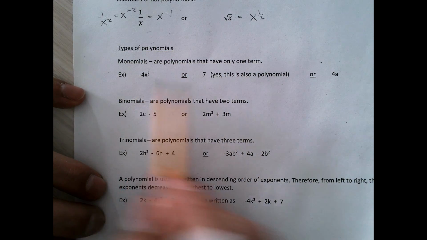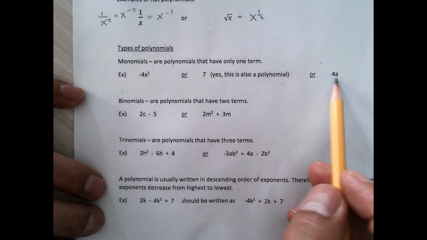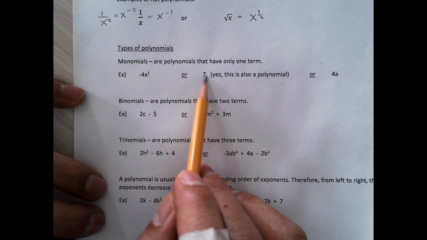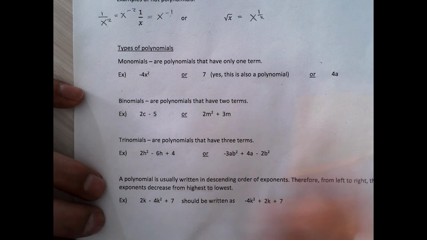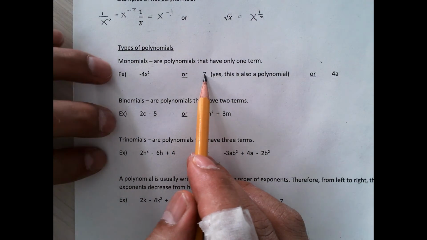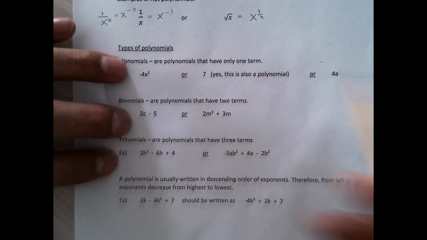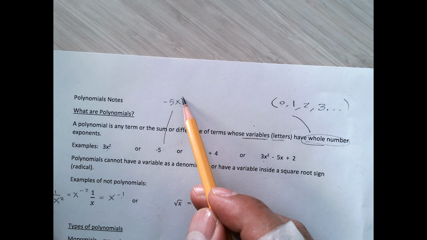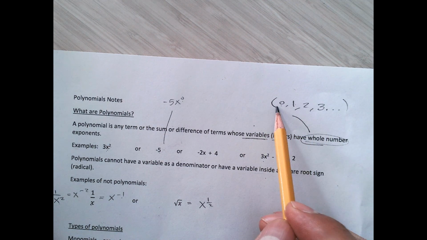One term by itself, or 4a, one term by itself. And just to put a little note here, yes, this 7 is still a polynomial because, as we mentioned, any number that has no variable is actually the exponent 0, and the exponent 0 is a whole number, okay?